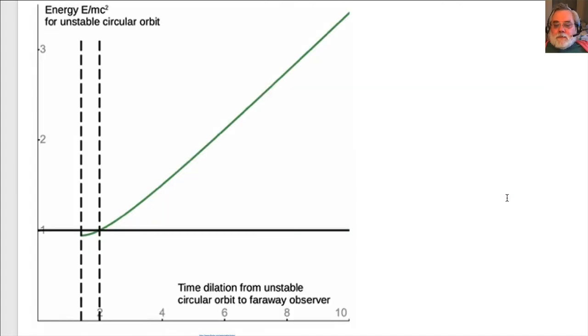Now, in this graph, the horizontal axis is not distance anymore. The horizontal axis is time dilation from an unstable circular orbit to a faraway observer. And the vertical axis is energy of the unstable circular orbit.